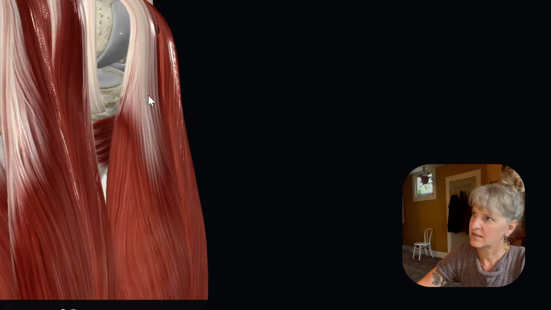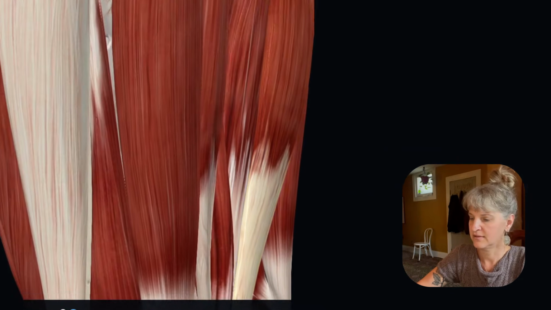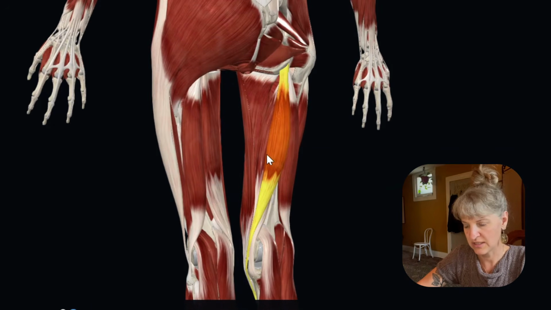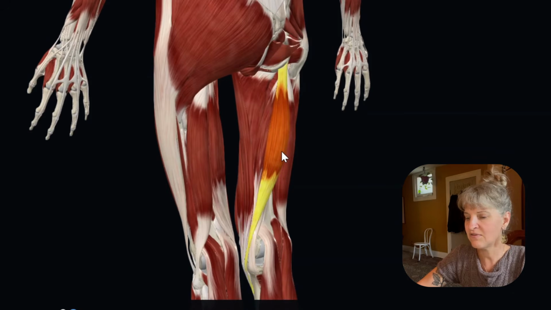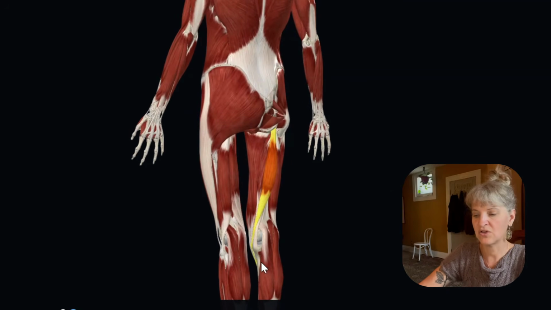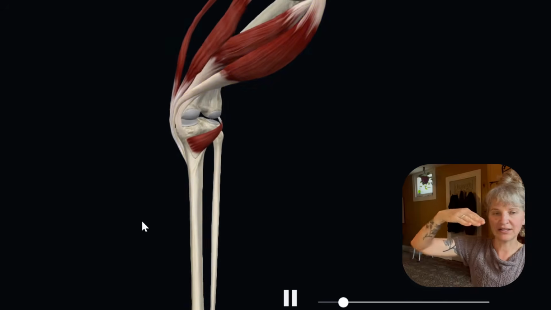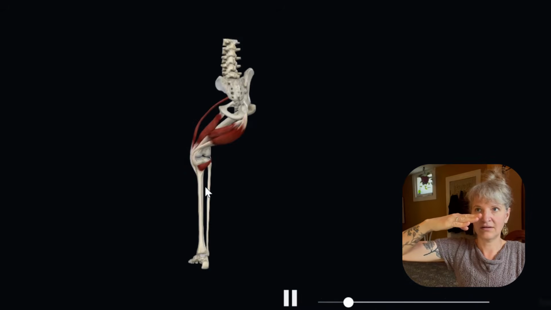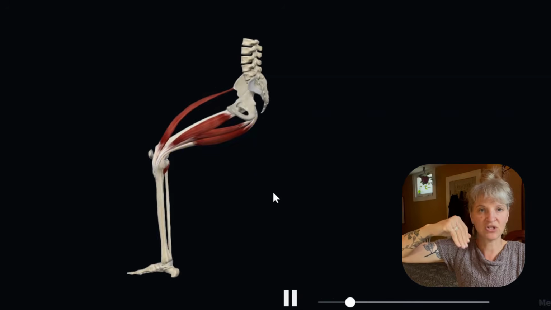But it's SGS. So sartorius, gracilis, and semitendinosus. And the significance of them all attaching to that pes anserinus is it helps with that knee medial rotation, because your knee doesn't just bend straight, doesn't just do a flexion and extension.